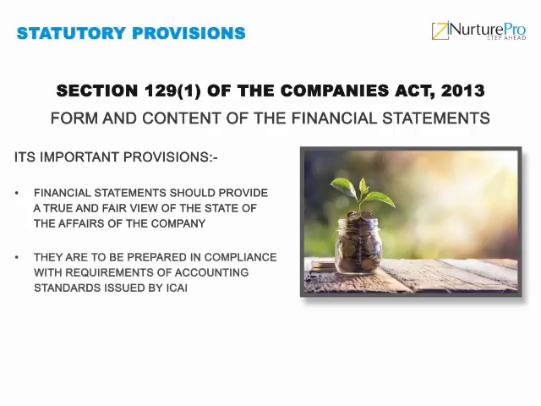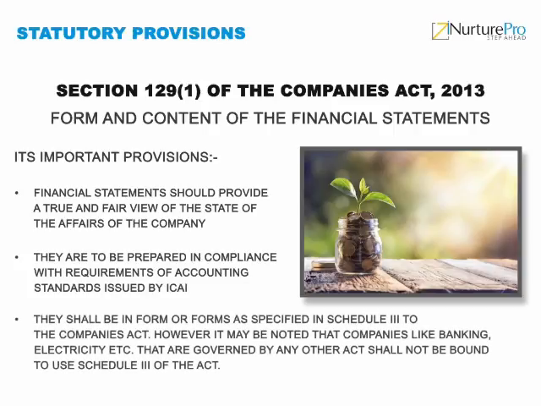Number 2. They are to be prepared in compliance with requirements of accounting standards issued by ICAI. Number 3. They shall be in form or forms as specified in Schedule 3 to the Companies Act. However, it may be noted that companies like banking, electricity, etc. that are governed by any other act shall not be bound to use Schedule 3 of the Act.